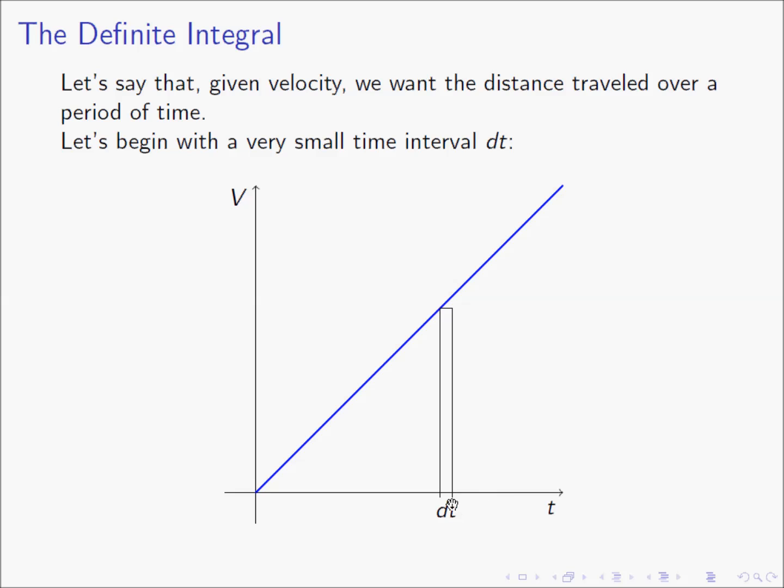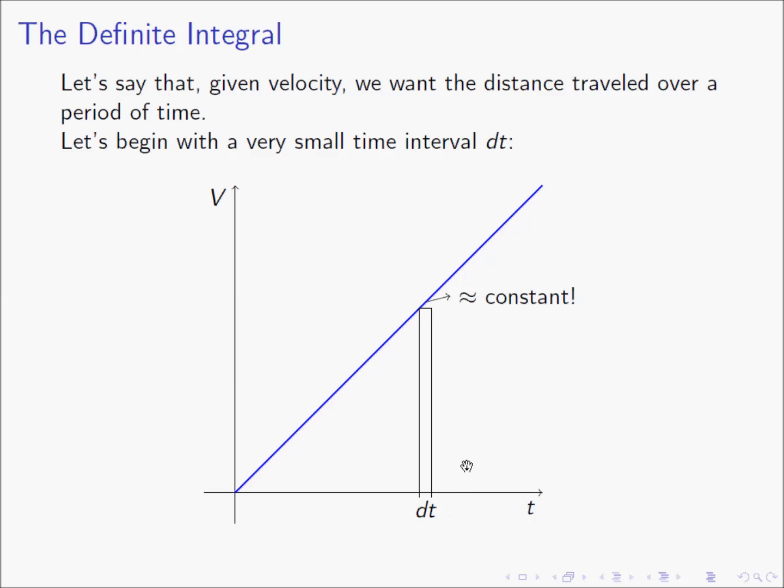And we're going to take the value of the function on the interval. If we take the interval very small, we can consider the function constant on this interval, because the interval is so small.